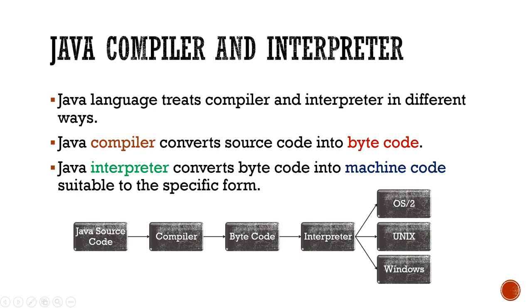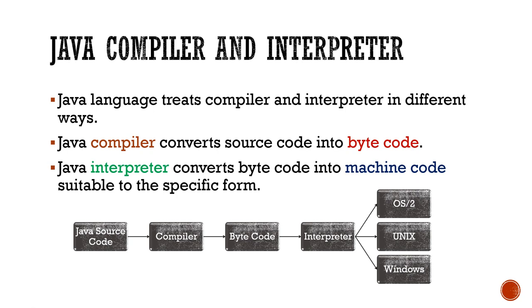That's very important. The byte code is a common thing, and this byte code is interpreted. You are using another translator called an interpreter to convert it into the machine code of different platforms. You can see OS2, Unix, Windows, these are all different platforms. This is the speciality of Java.